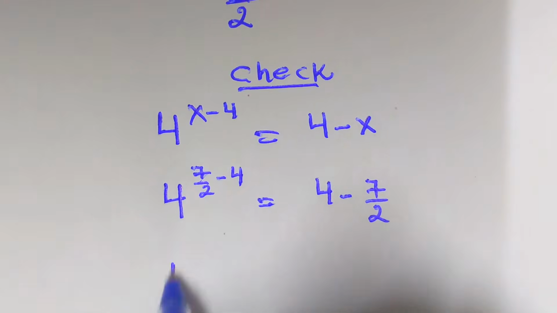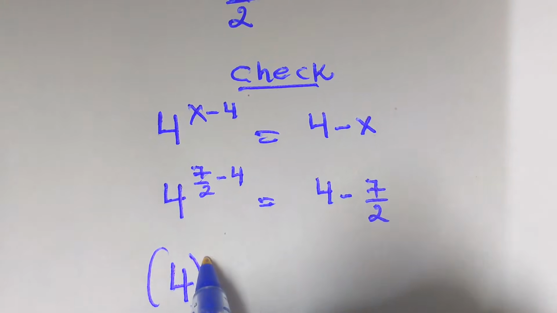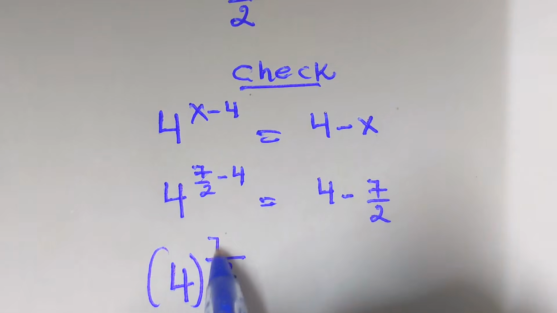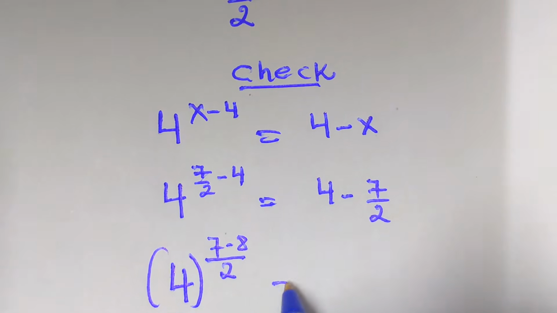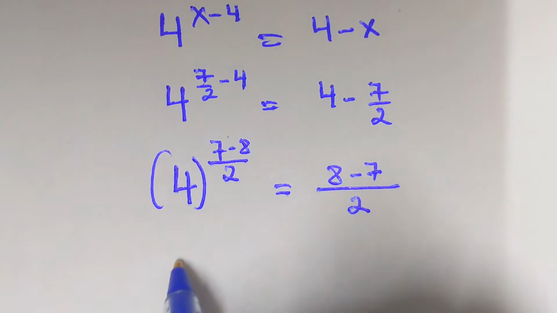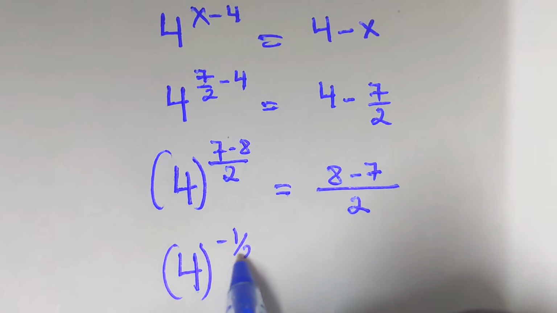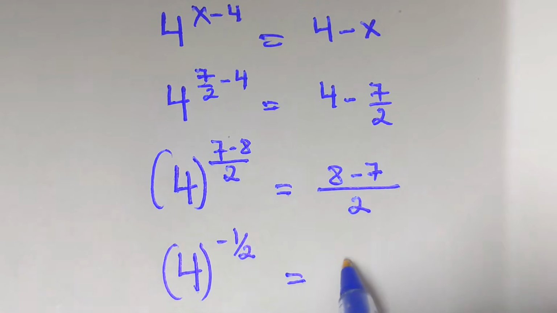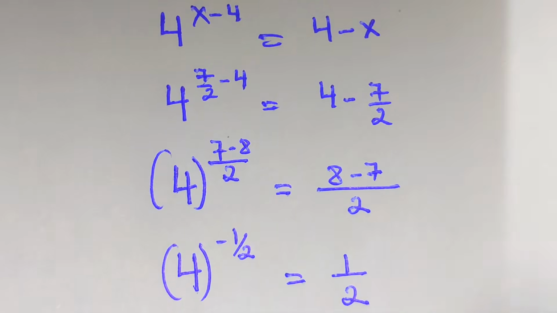Here the power can be written as 7 minus 8 over 2, and 8 minus 7 over 2, and this will be 4 power negative 1 over 2 equals 1 over 2.